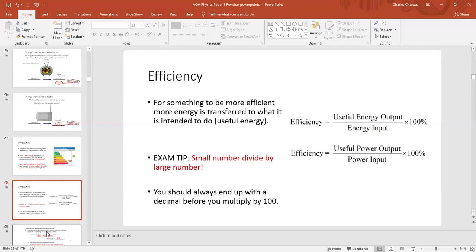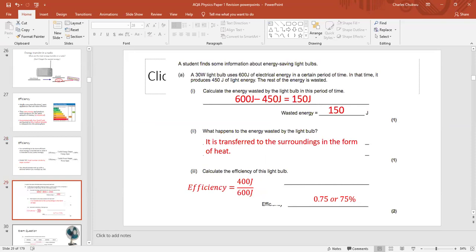But because there will always be some level of friction or material resistance and all that, you will never get all the energy that was pushed in. Something must be lost. So because that loss is there, the numerator of efficiency will always be less than the denominator. And that's why you would have a decimal. Okay, if you're using your calculator, you always have a decimal. Then you can now multiply that decimal by 100 because it's 100 over 1. Okay, so that's what you need to take note of there.